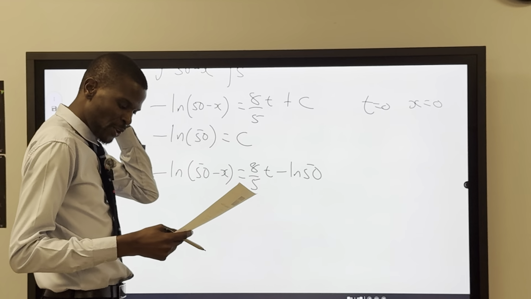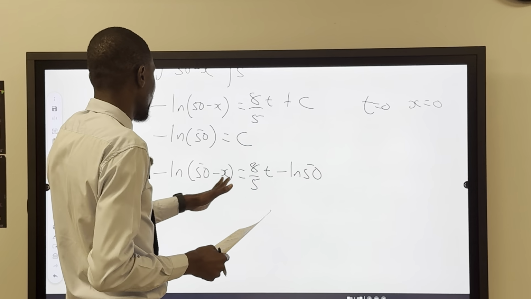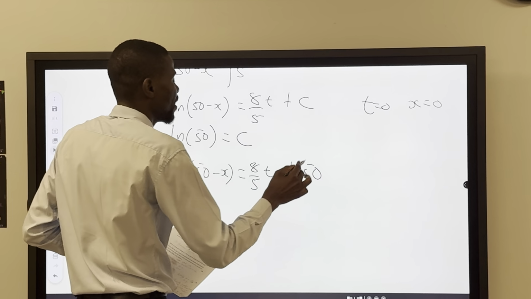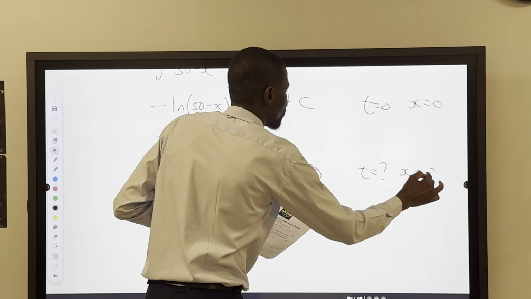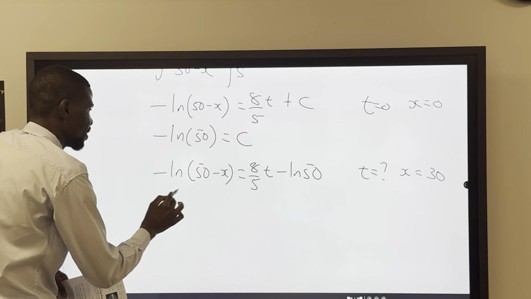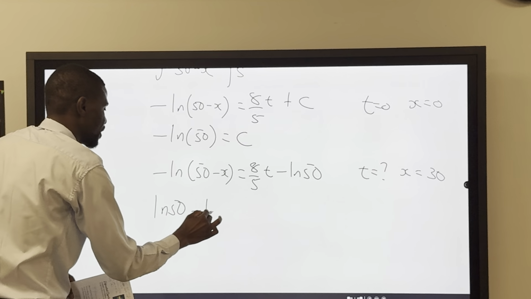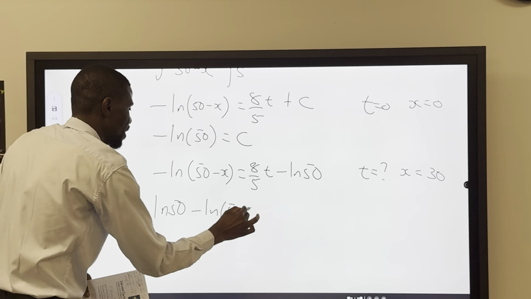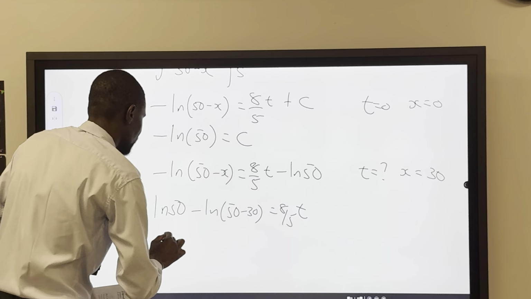Now we use that to find t. Remember, we are looking for t when x equals 30. So if we bring this over, we have natural log of 50 minus natural log of 50 minus 30 equals 8/5 t.